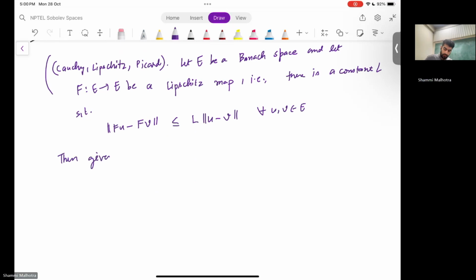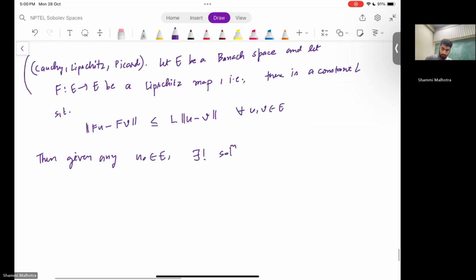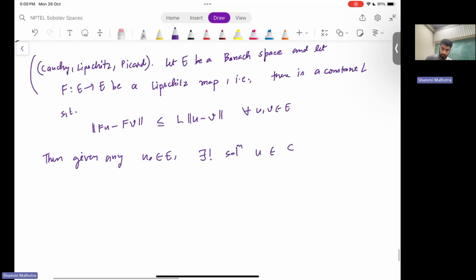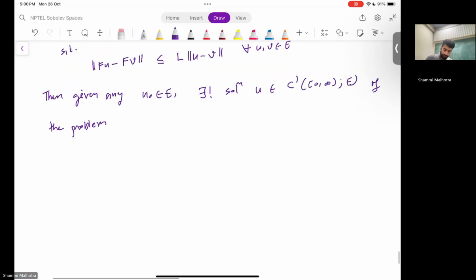Then given any u naught in E, there exists a unique solution u in C1 of 0 to infinity with values in E of the problem du by dt equals F of u, which is an evolution problem, and u of 0 is u naught.